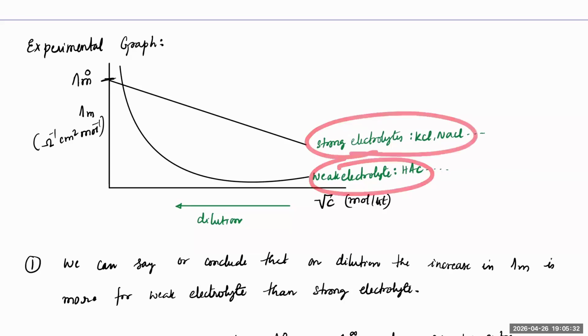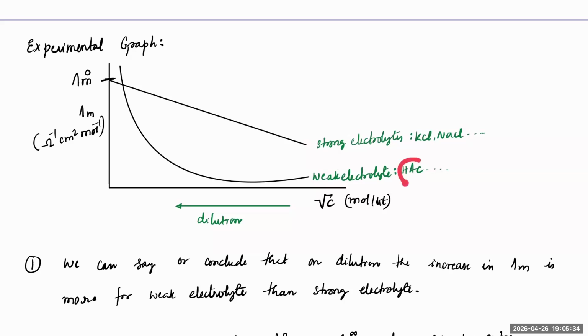Weak electrolytes could be something like weak acids, acetic acid, or any organic acids, or in general HF. These are all the weak electrolytes. Strong electrolytes would be something like salts, KCl, NaCl, or NaOH. In fact, HCl is also a strong acid for that matter.